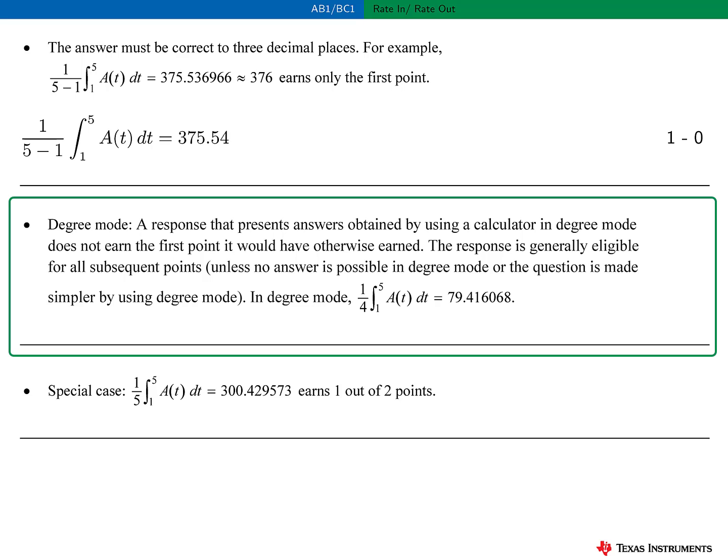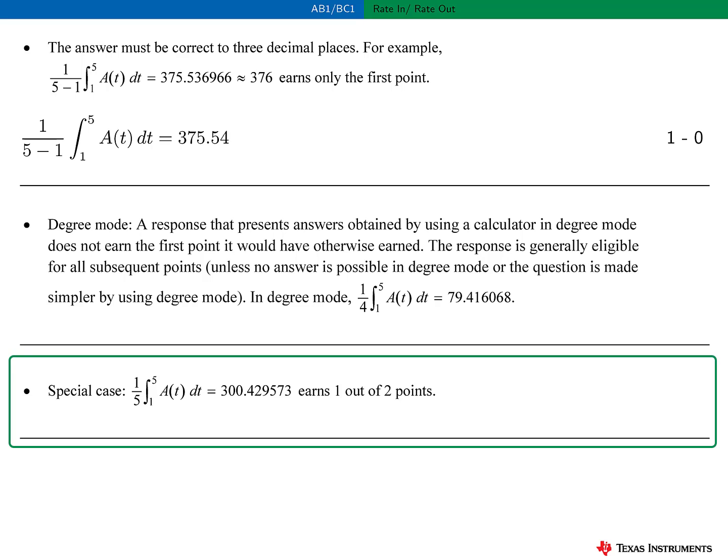Students can still earn most points for consistent calculus work, as long as the problem has not been simplified by degree mode. And finally, this special case in which the response used 1/5 as the constant out front instead of 1/4 earns one of the 2 points.